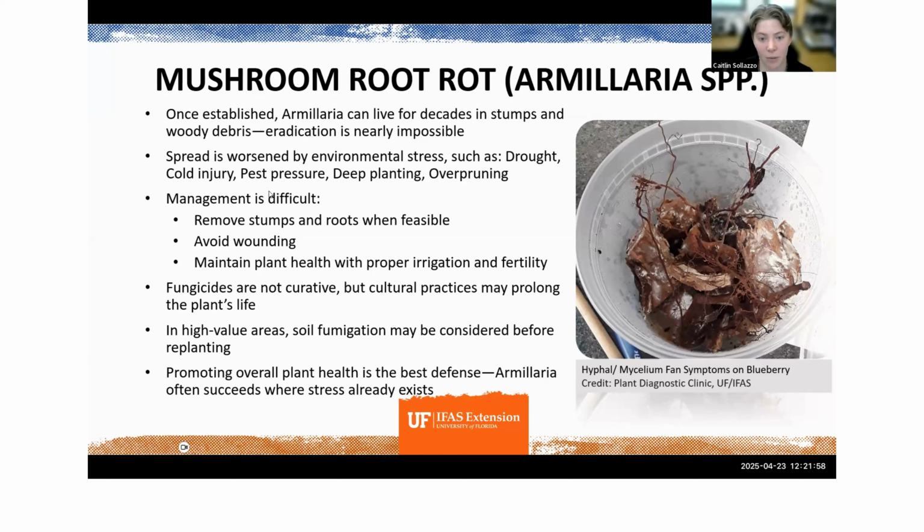If you want to manage it, the best thing is to remove the stump and all roots that you can. Again, if you plant new stuff, make sure they're as healthy as possible and don't give the fungus an entry site. But that's easier said than done, obviously. No fungicides are going to cure it. If anything, you will prolong the life.